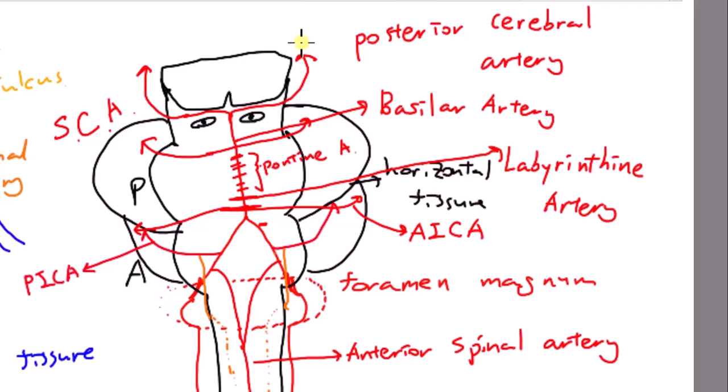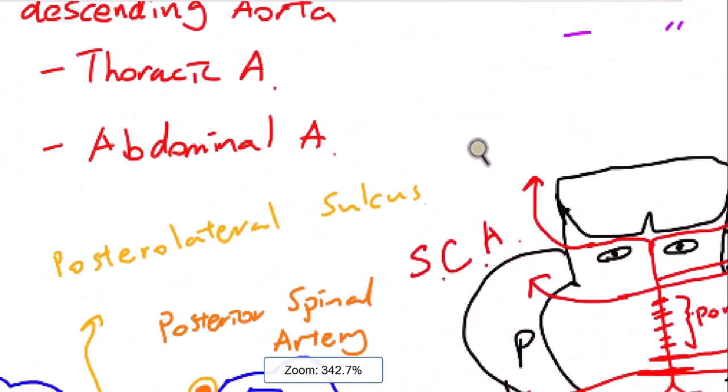Before I go on to carotid system, which will be the next video, is the blood supply to the spine. The vertebral artery, anterior and posterior vertebral arteries are supplying the spine, but that's not the major supply.